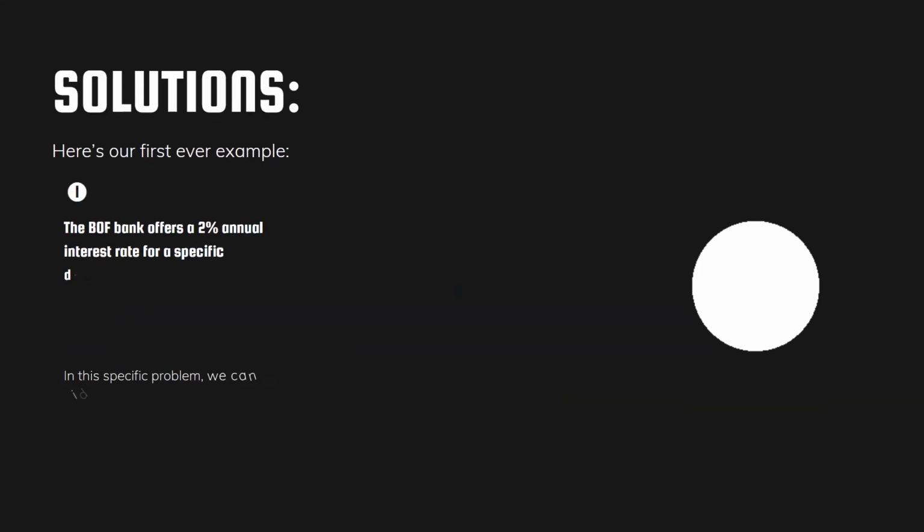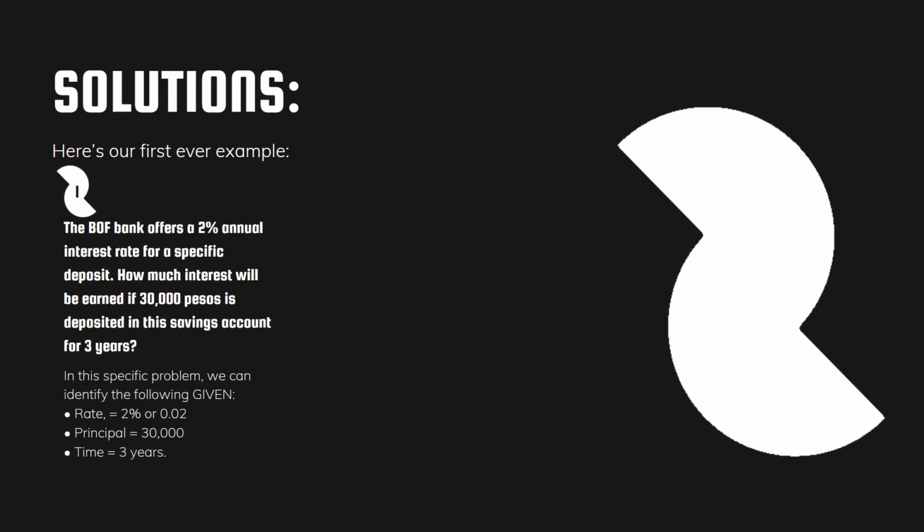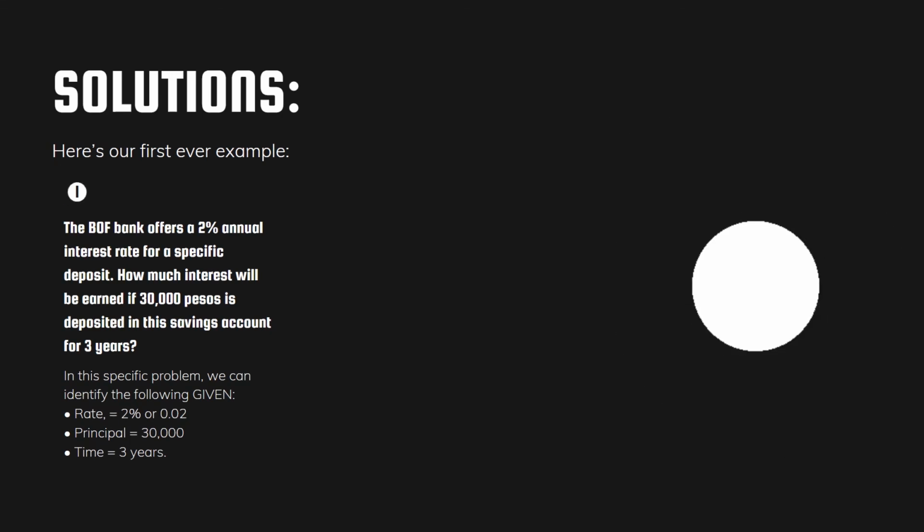Here's our first ever example. The BOF Bank offers a 2% annual interest rate for a specific deposit. How much interest will be earned if 30,000 pesos is deposited in this savings account for 3 years? The first thing to do whenever faced with a problem such as this is to identify what is given.